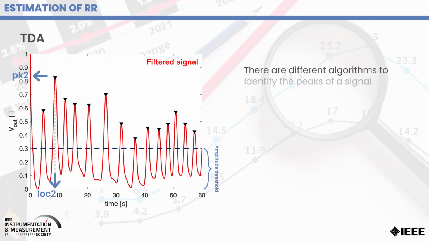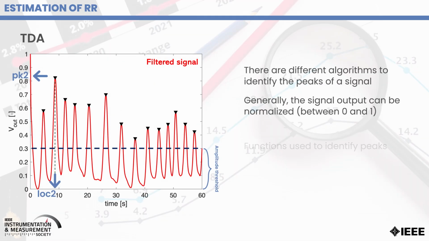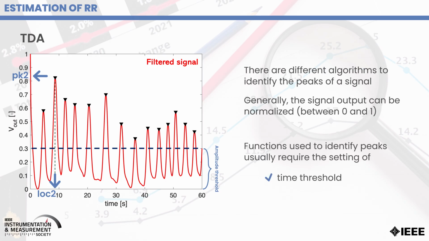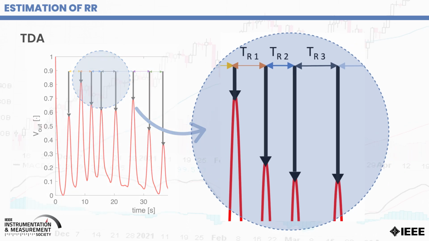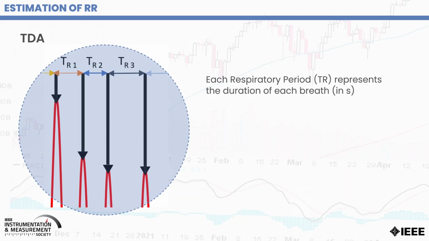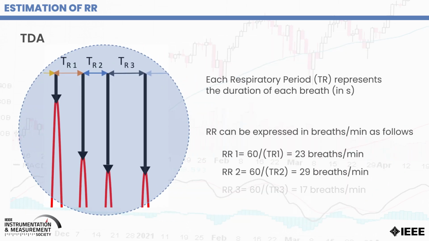After the identification of these peaks by setting some threshold, both in time and amplitude, we can calculate the time elapsing between consecutive peaks, that is the respiratory period, and then from the respiratory period we can estimate the respiratory rate.